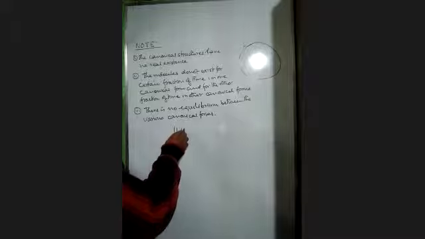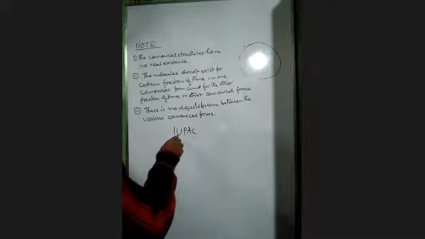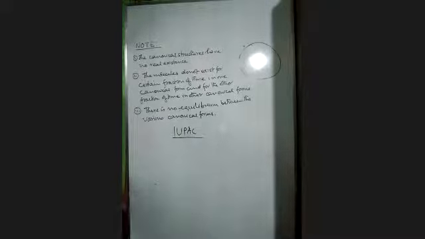Suppose America, a very strong country, has put a name, and suppose India has put another name. It is not that the American lobby will be strong. One body is there, we call it IUPAC, the International Union of Pure and Applied Chemistry.